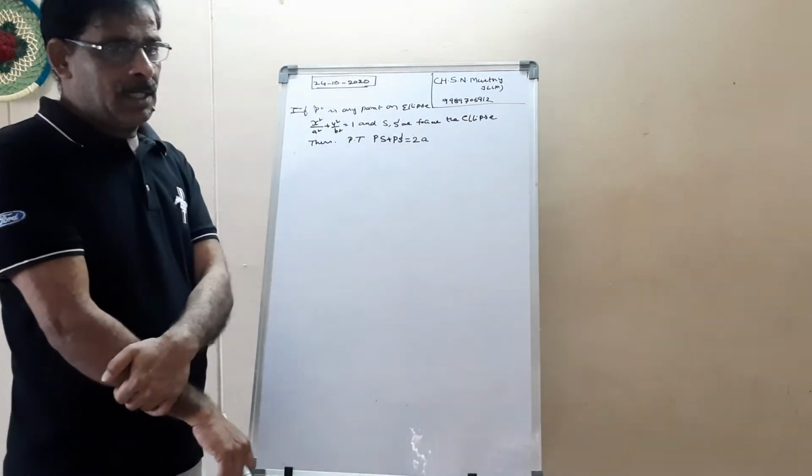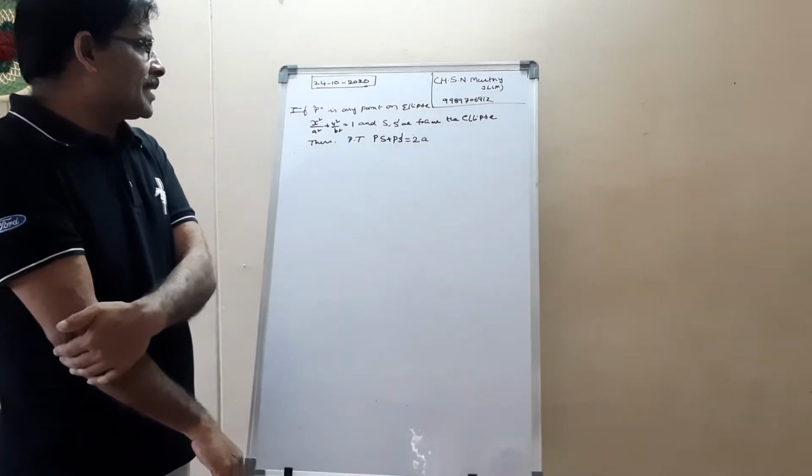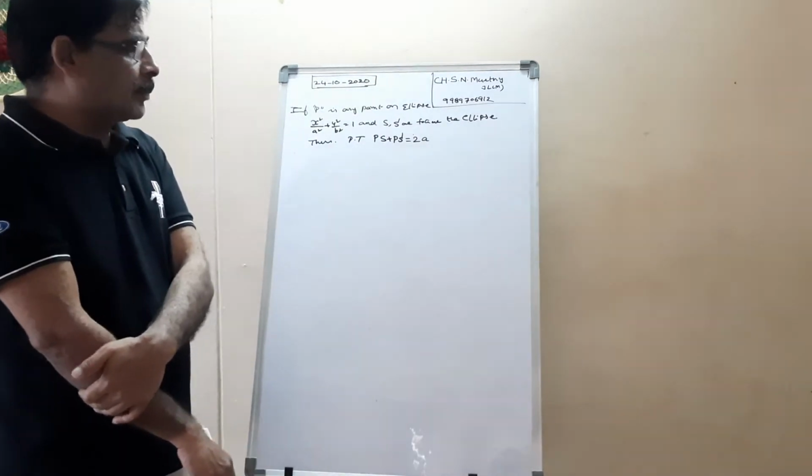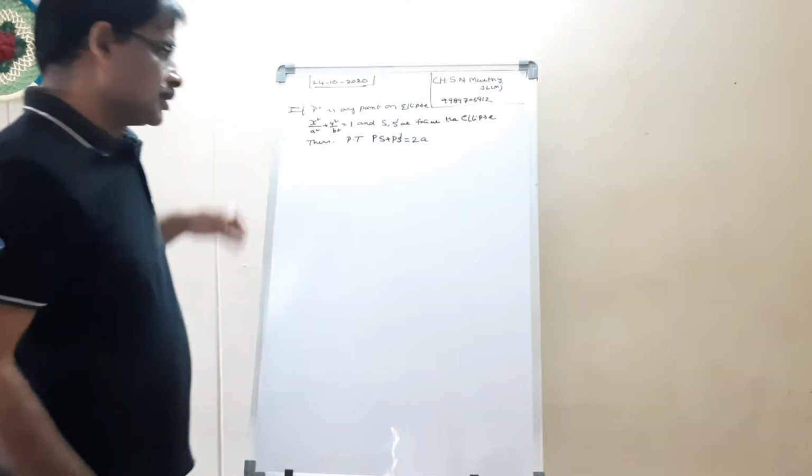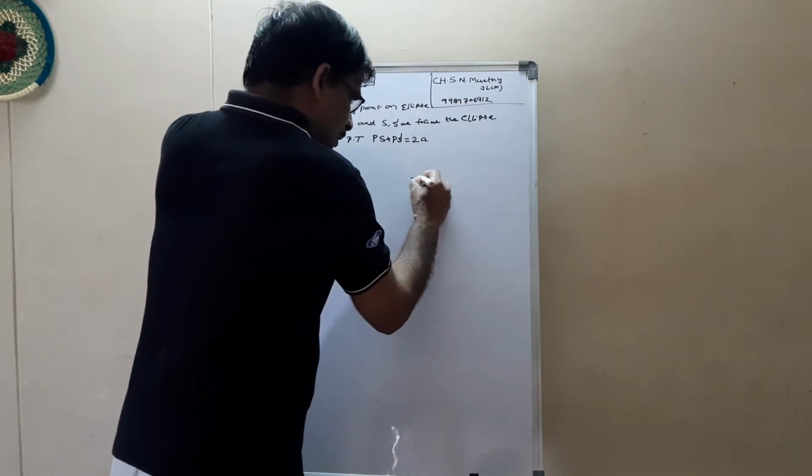This is our problem. If P is any point on the ellipse, see, draw the ellipse.